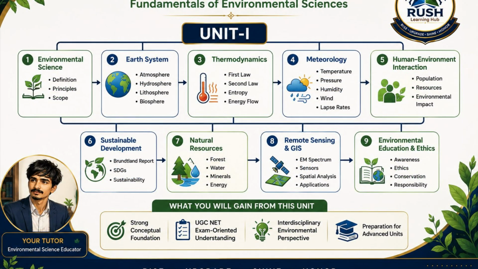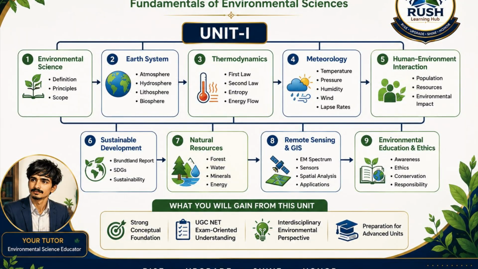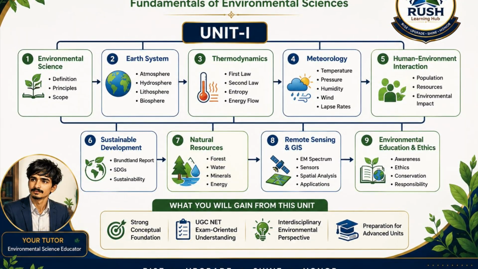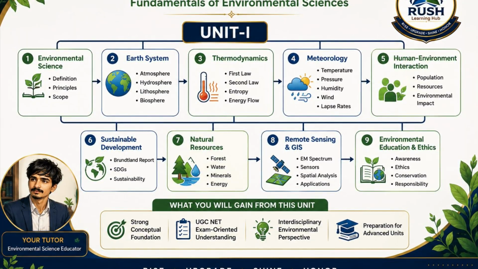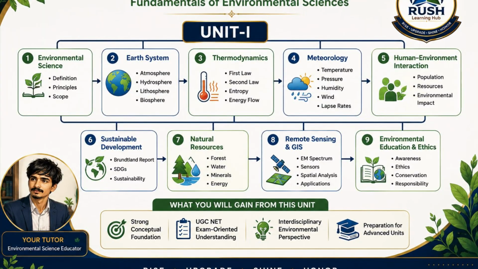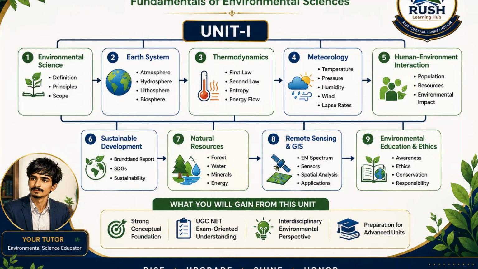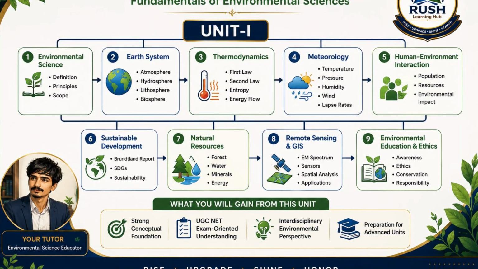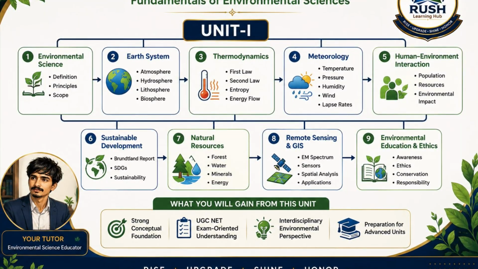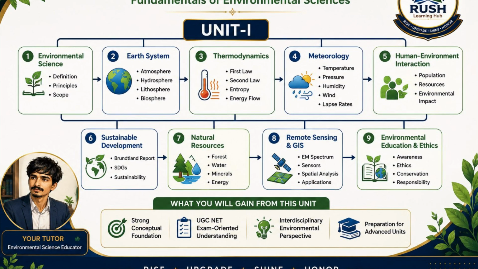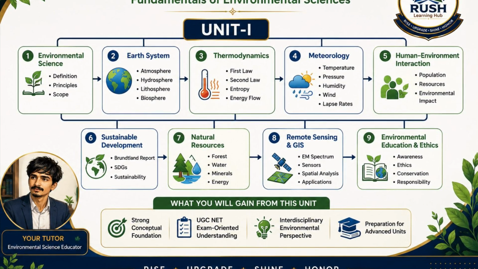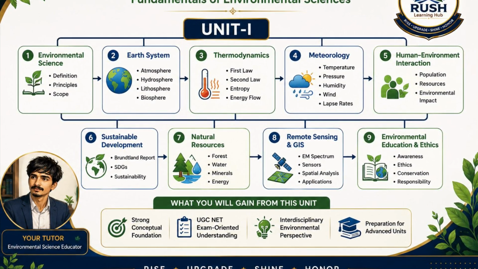Once we understand natural processes, we will examine human-environment interaction. Human activities such as industrialization, urbanization, agriculture, and resource extraction significantly affect environmental quality. Understanding this relationship helps us identify environmental challenges and develop sustainable solutions.